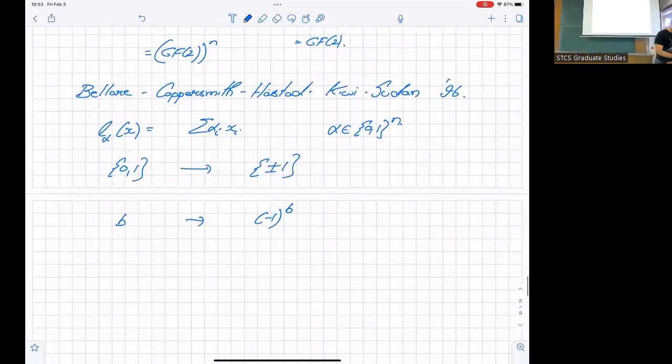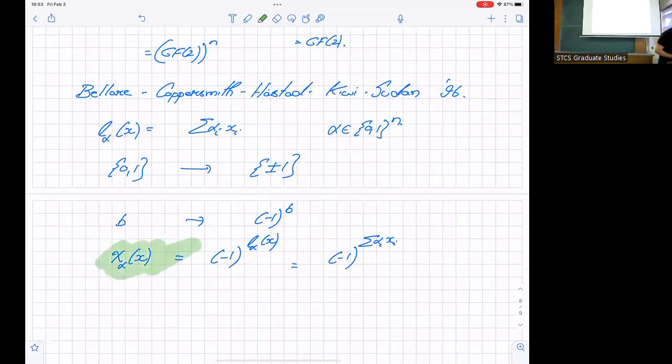Therefore, chi alpha of x is just the corresponding linear function, minus 1 to the power L alpha of x, which is minus 1 to the power summation alpha i x i. These are what are called the parity functions, and we'll work with them. Notice that there are 2 to the n parity functions.